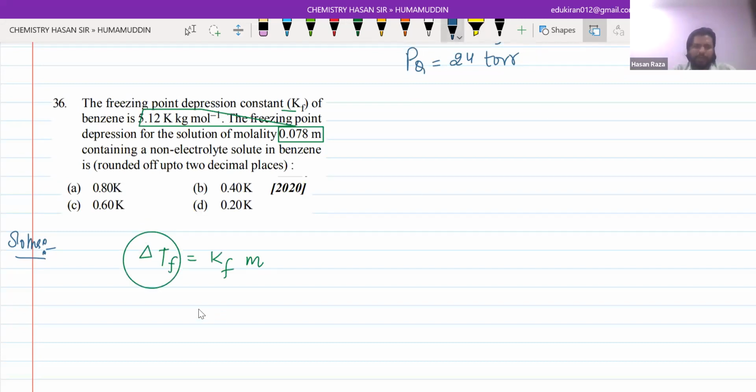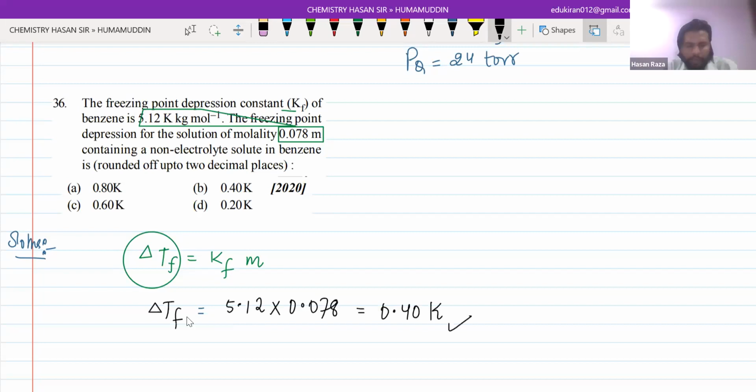So it's very easy. Delta TF is 5.12 into the molality 0.078, and if you solve it, you will get 0.40 Kelvin. Since this is a temperature difference, the value will be in Kelvin. Is that clear? Umam and Austin.